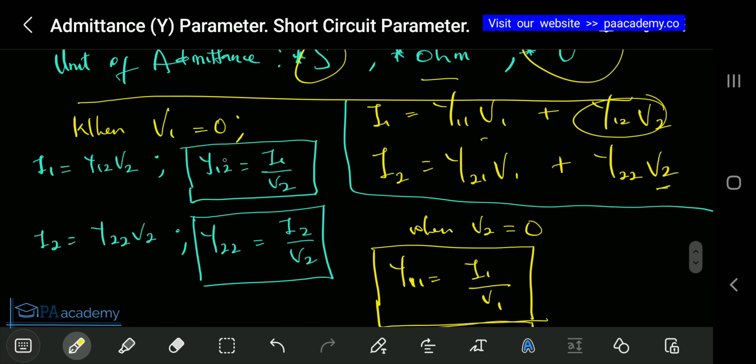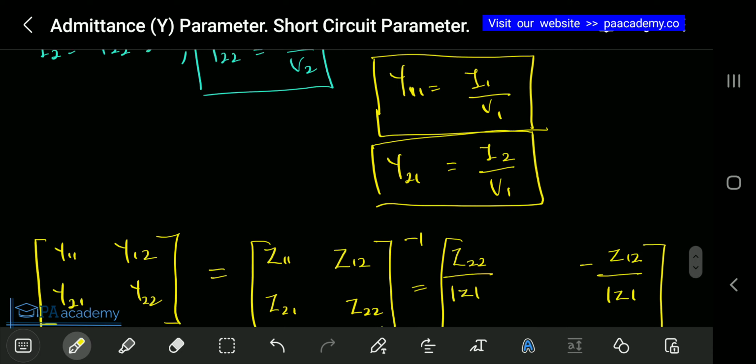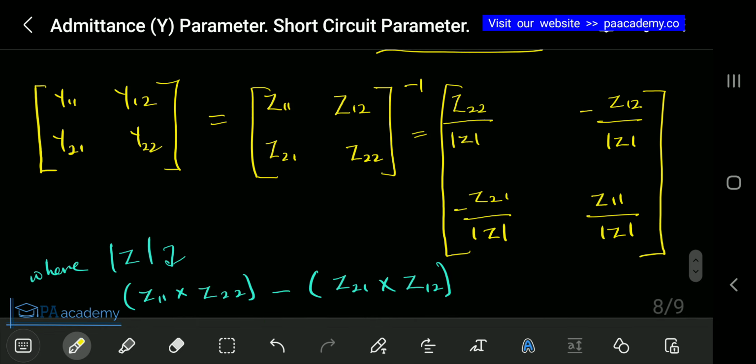So at each point when the voltage is being short circuited, you will have the values of y12, y22, and y11, all of the admittance values. Here is the conversion from the z parameter to y parameter. Try to understand this also, because you are going to be using it a lot in examples.